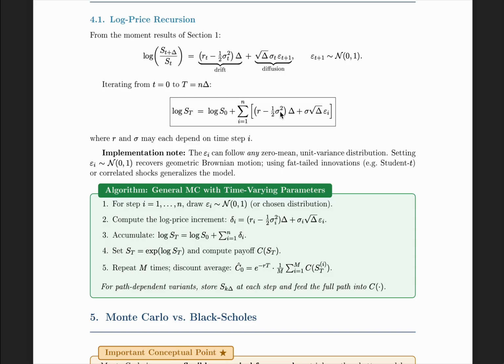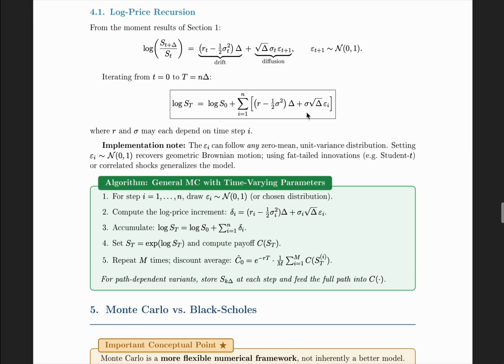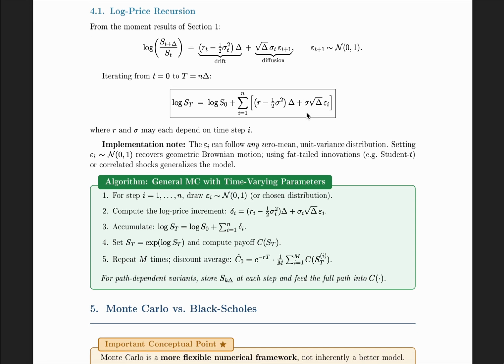The second one is that sigma, or the volatility, is constant. So sigma also can't depend on time. So Black-Scholes is a very rigid model, and later on we'll realize that if we assume constant risk-free rate of return and constant volatility, then we in fact get the exact same result for the Monte Carlo as Black-Scholes.